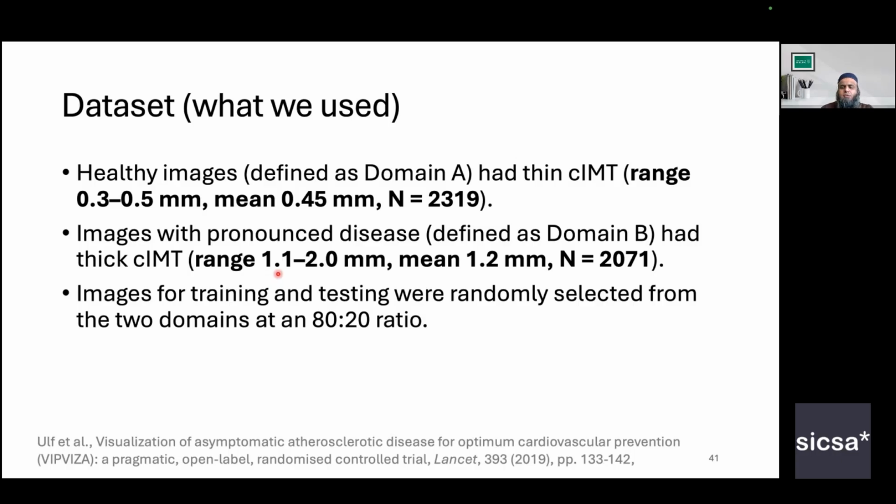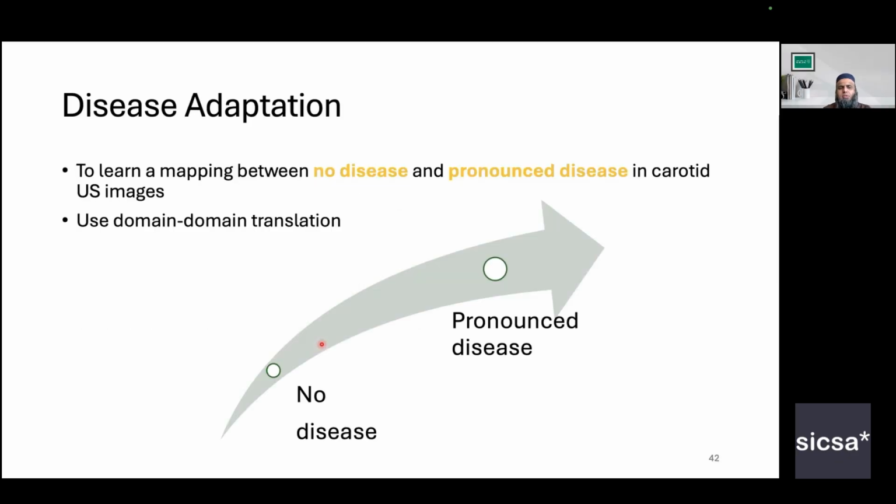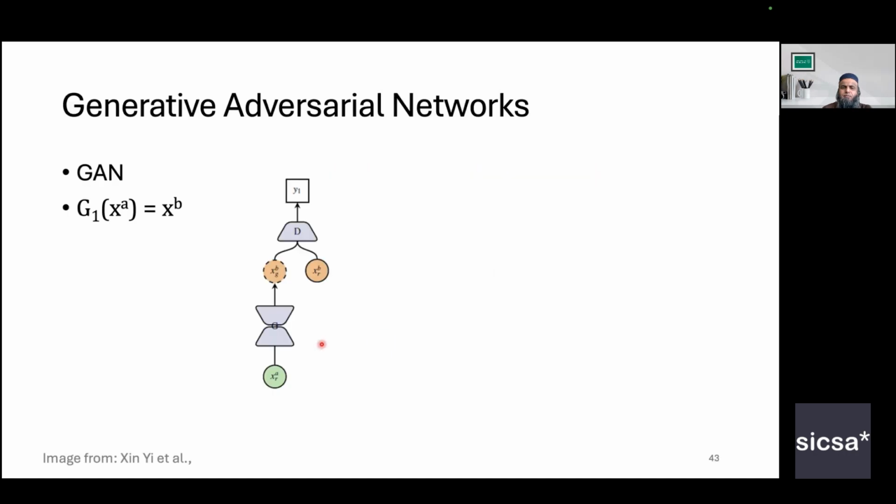So we collected this data, did the regular 80 to 20 split, and the goal is that we want to use an AI model to go from the no disease scenario to the pronounced disease scenario. The way we did it, we trained a generative adversarial network again.